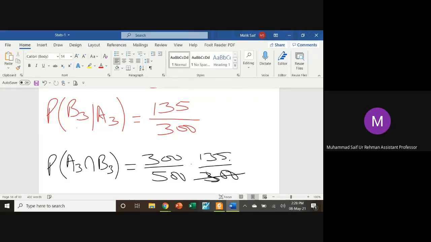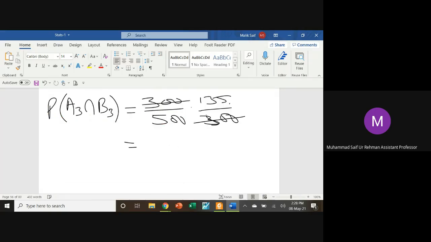So this 300 will be cancelled out, and you will remain with 135 divided by 500. See what the answer is. 0.27. So this is the required probability.